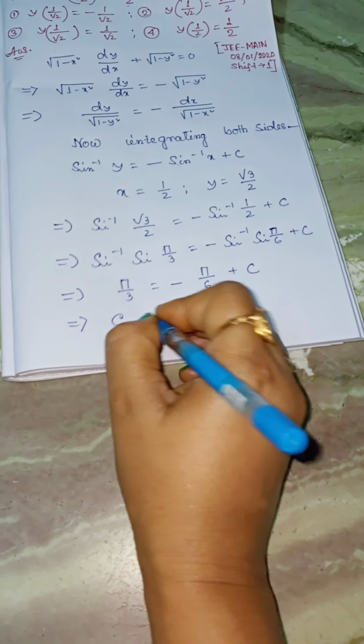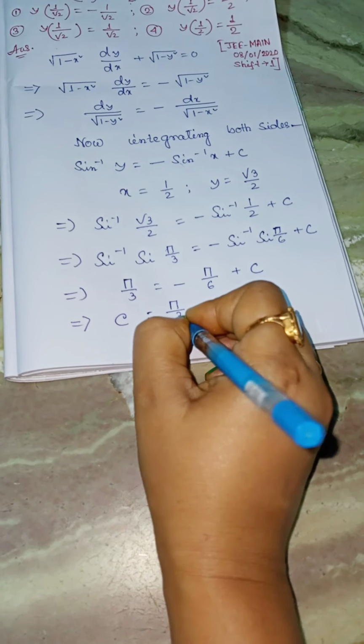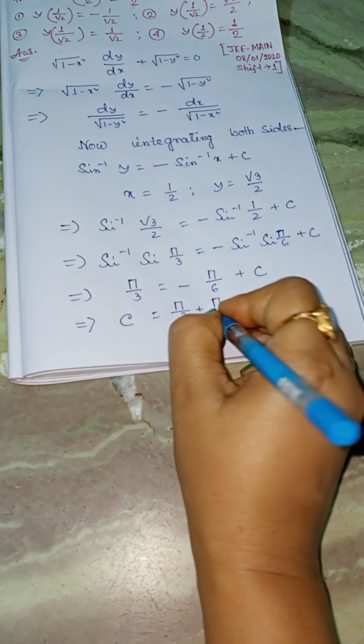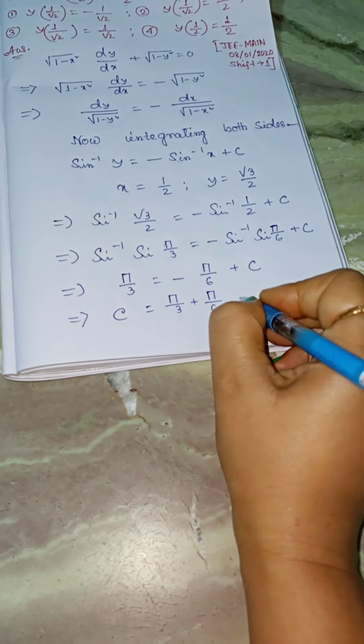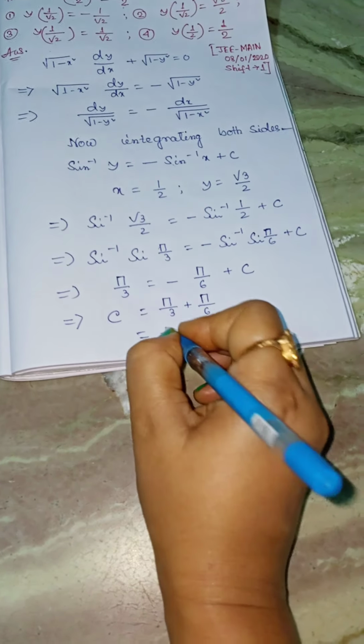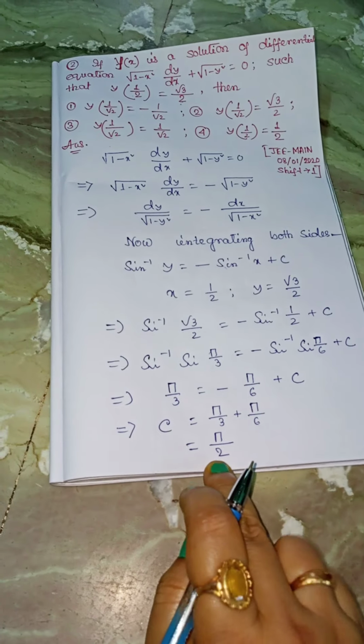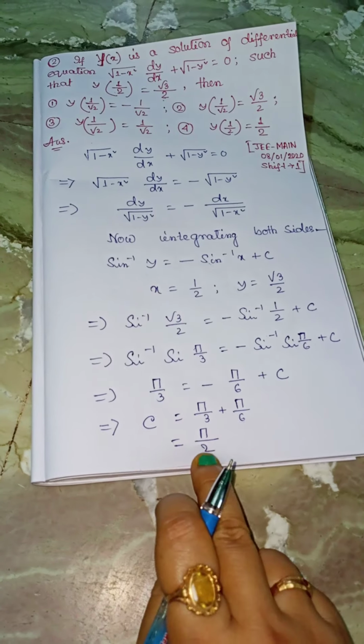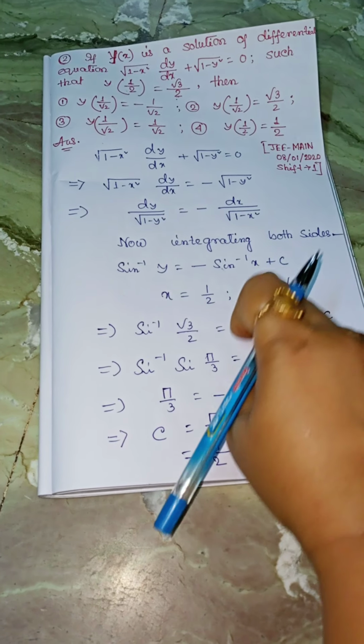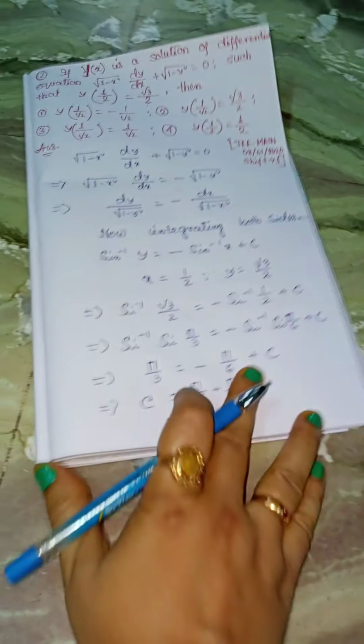So c is equal to pi by 3 plus pi by 6, which is pi by 2.